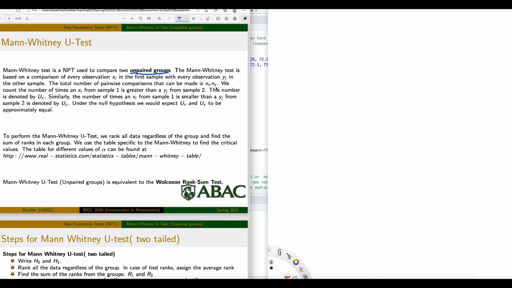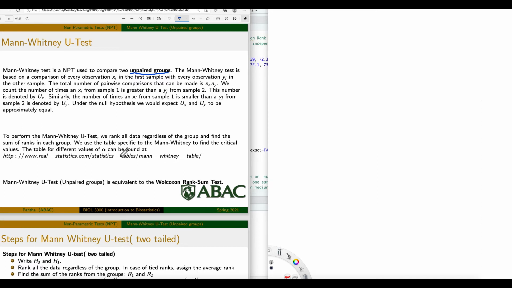Meaning, how many times the values from sample 1 are bigger than the values from sample 2, and similarly the other way around. So our null hypothesis is that those two counts are equal, and the alternative is that they are not equal.